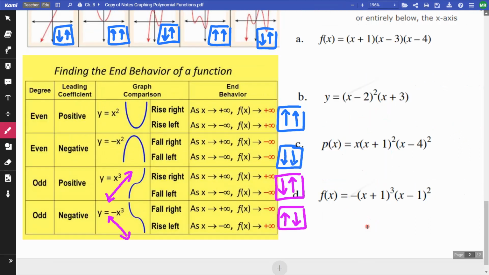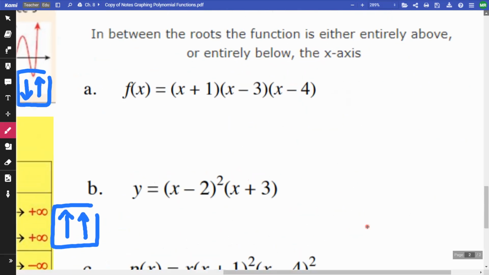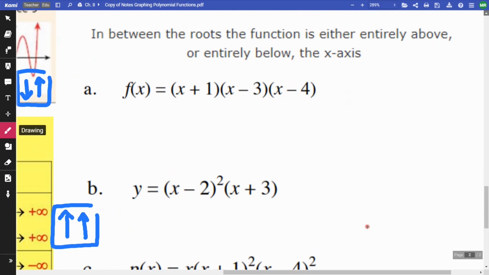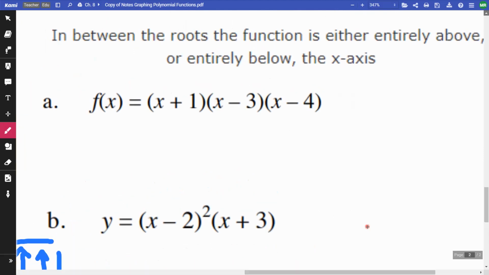So that's going to help us also with these graphs. When we're graphing these, we're not going to be accurate with them. We're doing a sketch. We are basically concerned about where it crosses the x-axis, we call those roots, and the end behaviors.